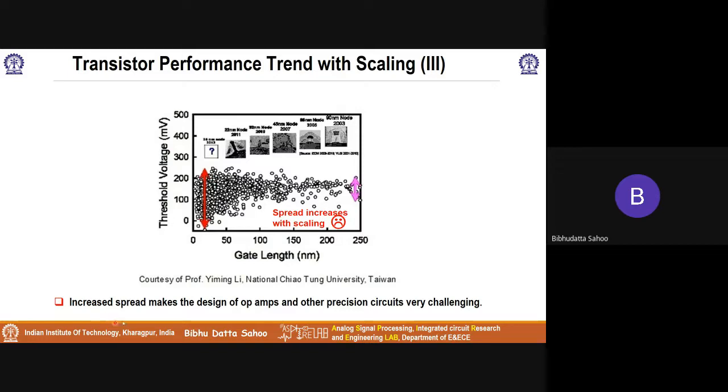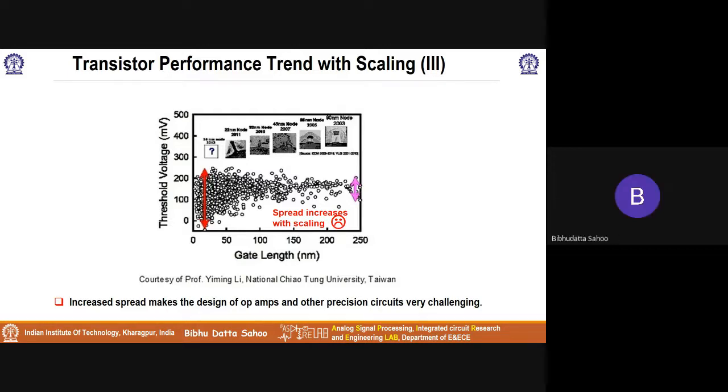Increased spread makes the design of op-amps and other precision circuits very, very challenging as well. Not only does it compromise the power, but you also have to make sure that your precision circuits work as reliably as possible, and that they do not change too much as the technology scales.